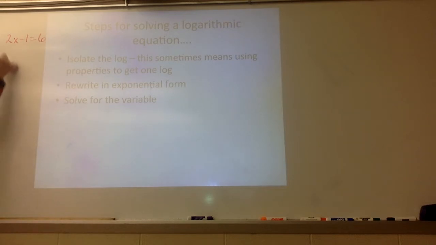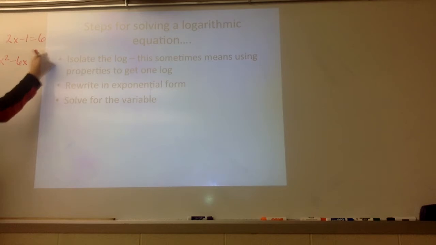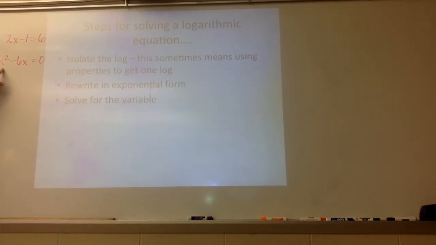Okay, so now if I have x squared minus 6x equals 0, what type of equation is the second? Quadratic, correct? How do we solve quadratics typically? How do you solve a quadratic?